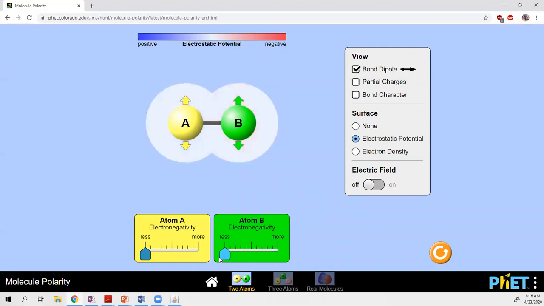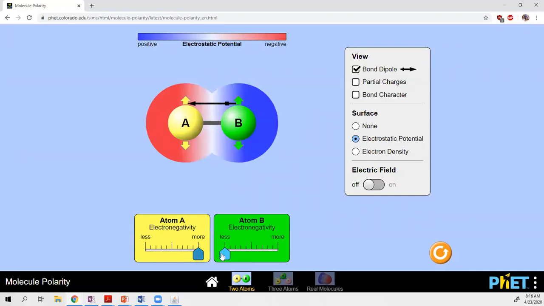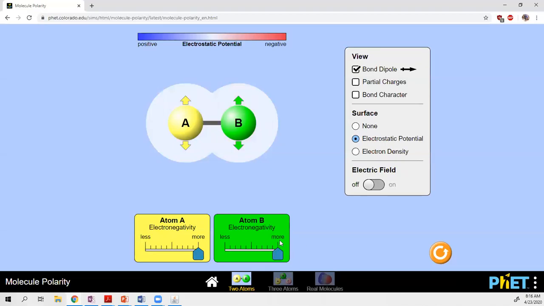It doesn't matter whether they're both on the far side of the low electronegativity, or if they're both on the strong side. If they're the same electronegativity, then we're not going to see a difference.